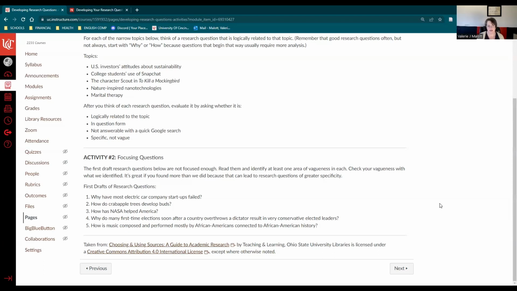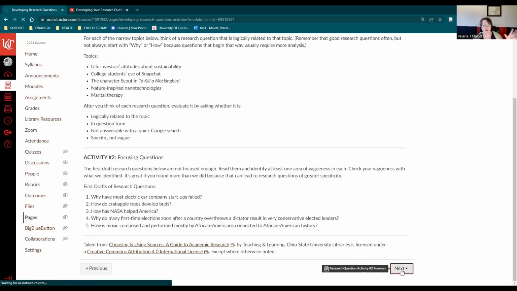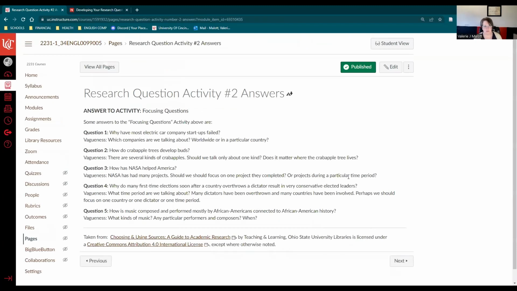And the last one here is, how is music composed and performed mostly by African Americans connected to African American history? If you click next here, it will take you to a page where the answers are provided for that second activity, just so you get some idea of how to, once again, refine your research questions.